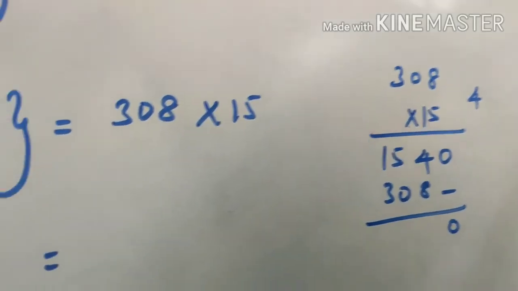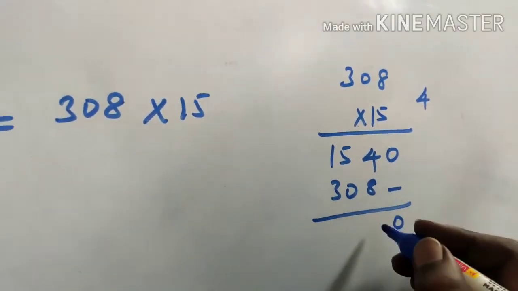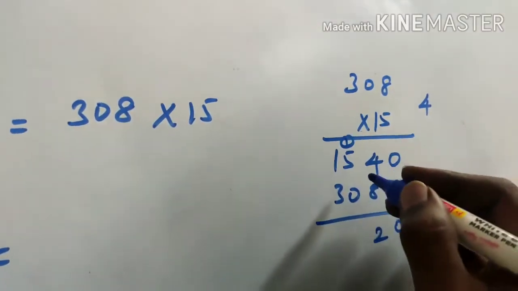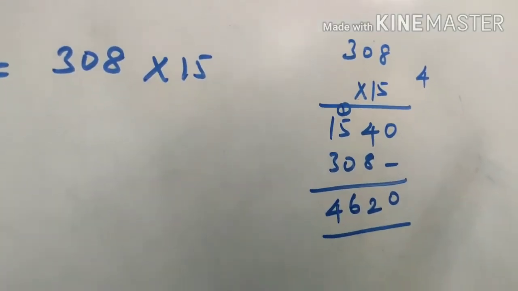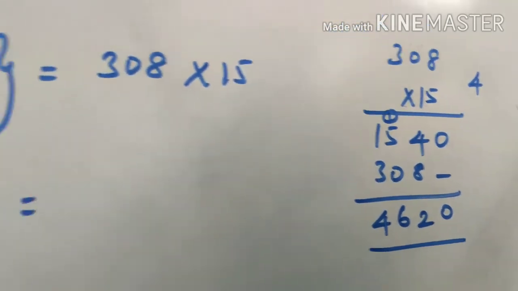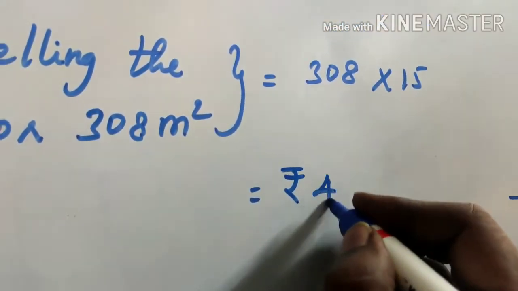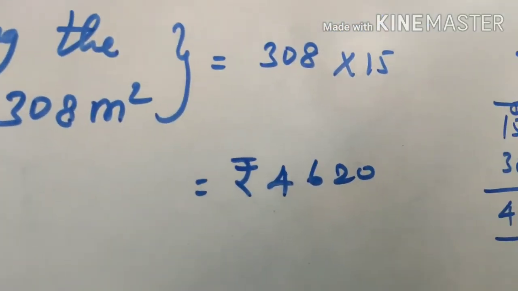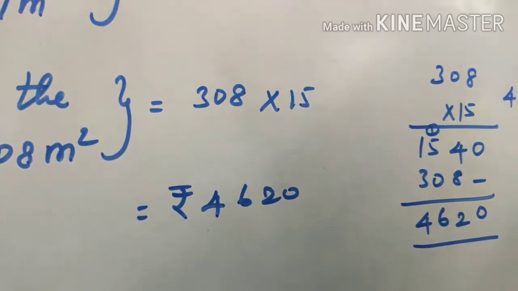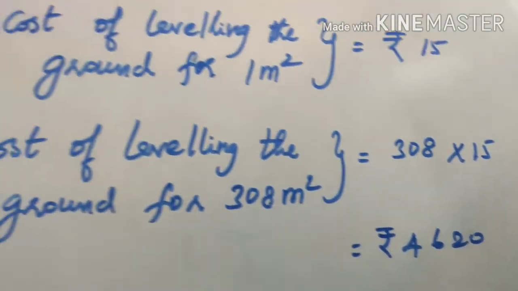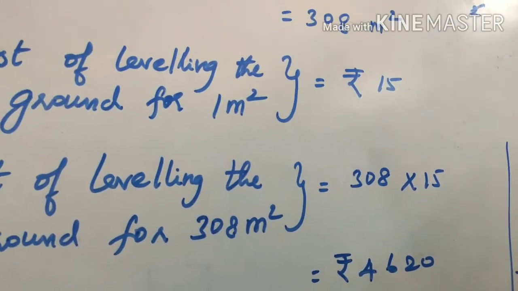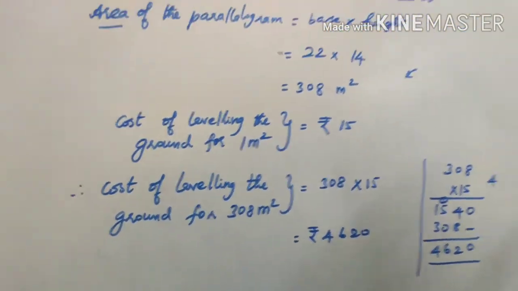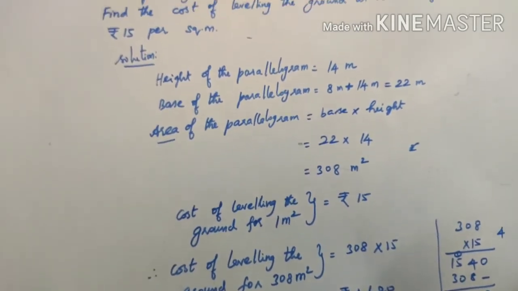Now if you add, remaining 1, 6, 4. So your final answer is rupees 4,620. Clear? So this is the cost of leveling the ground for 308 meter square. So this is the way to do the problems based on parallelogram.